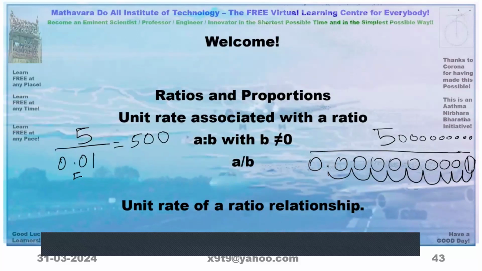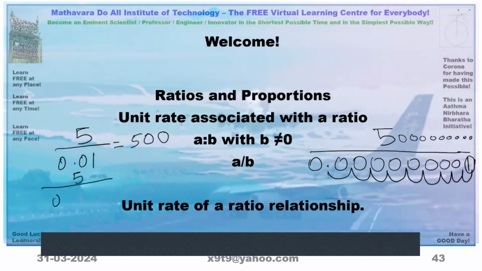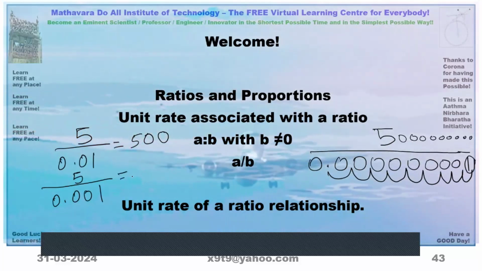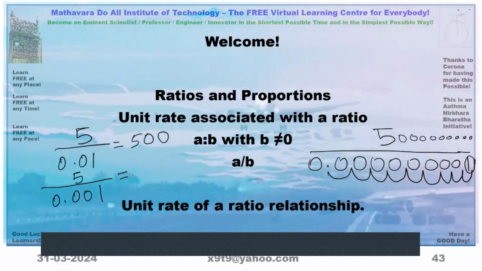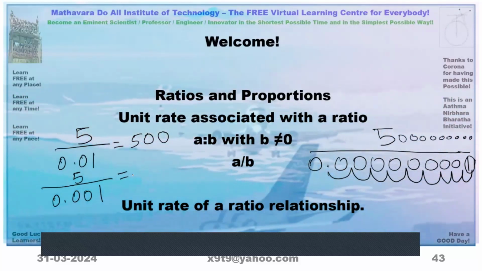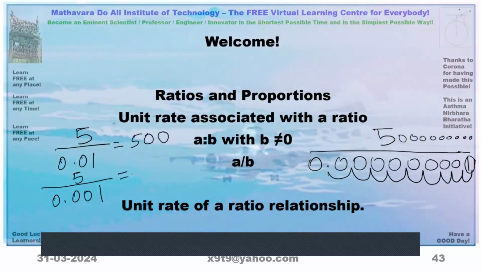Now if I write 5 divided by 0.001, how much will you get? 5,000.